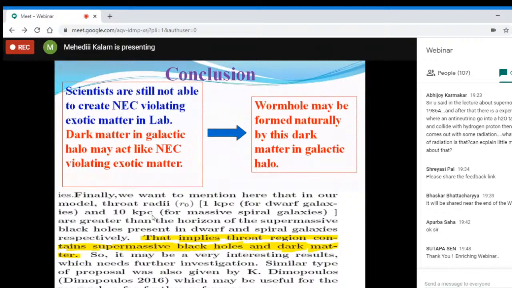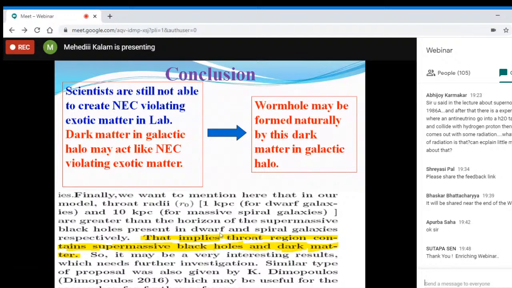That indicates that these values are greater than the horizon of the supermassive black holes present in the dwarf as well as spiral galaxies. So that implies that the throat region of the wormhole contains a supermassive black hole and dark matter. So our result says that it contains the supermassive black hole and the dark matter.